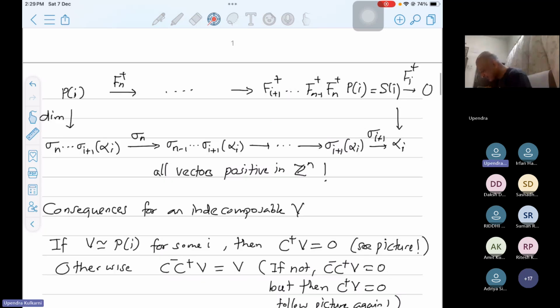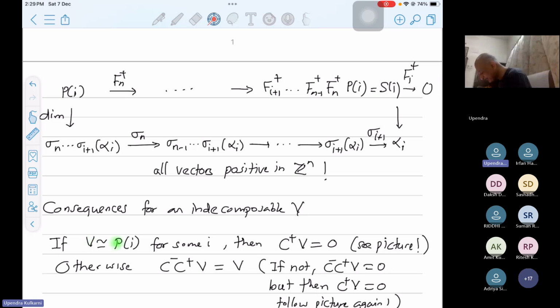All right, so let's try to prove this. I'm going to claim that if V is not one of these principal projectives, indecomposable projectives, then C minus of C plus V is V. And remember, it's an indecomposable V, so V is non-zero to begin with. If C minus C plus V is not V, then what can it be? Well, it has to be 0.